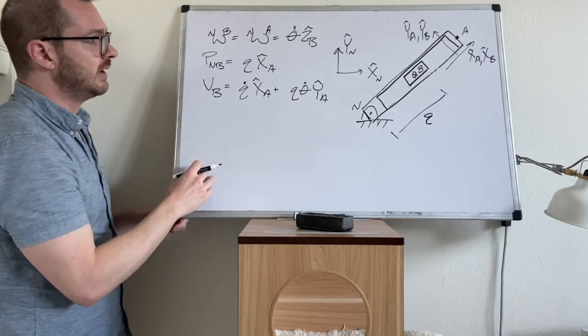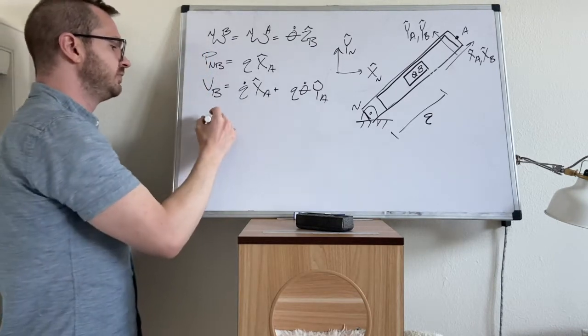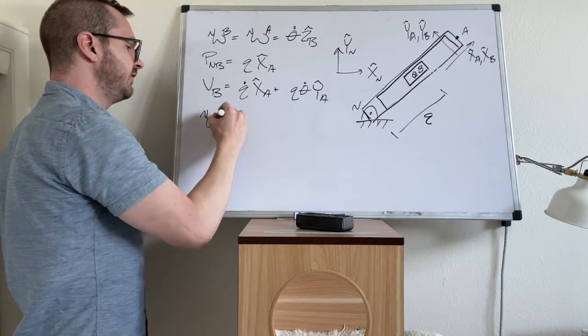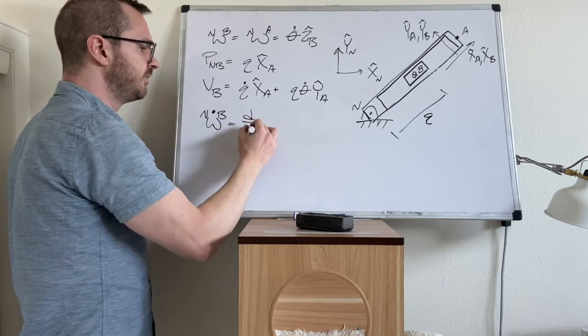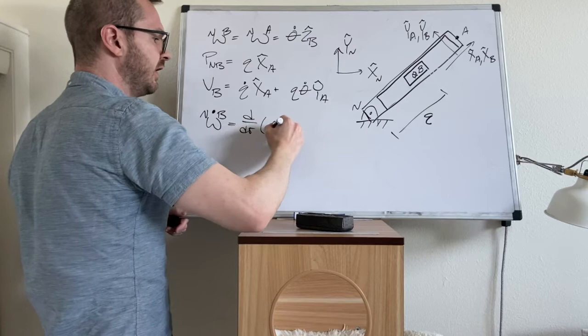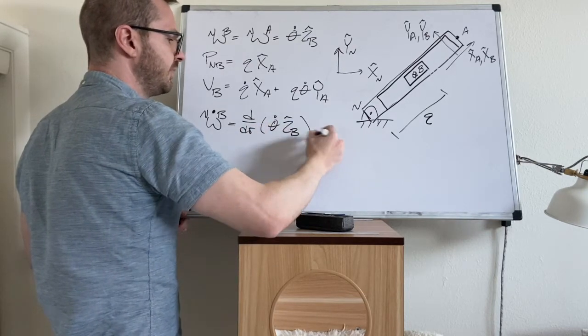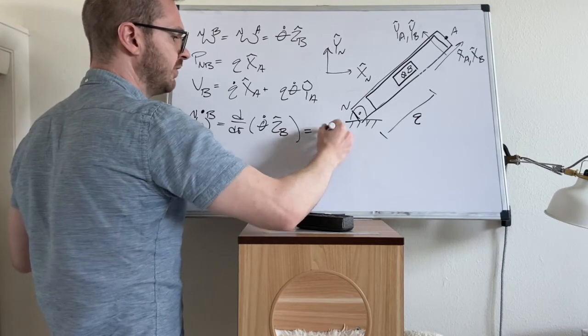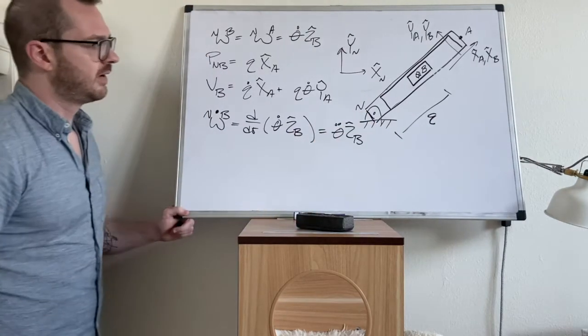All right, so let's talk about angular acceleration. So omega into B dot, this is ddt of theta dot ZB. So this is going to be theta double dot ZB. All right.